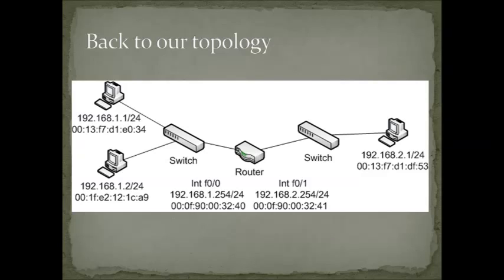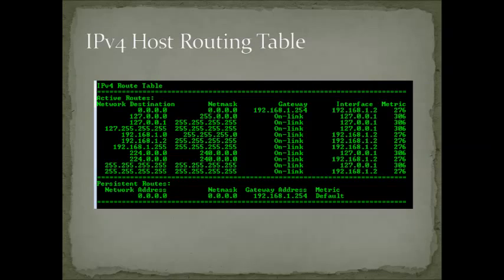Now to finish up the last part of this IP version 4 discussion, we have a host routing table. All of the hosts would have a routing table similar to this one. And what we're looking at here is all of those common IP addresses that we're used to using. We've got multicast here, limited broadcast, directed broadcast. We can see that there's a host routing table entry for itself.